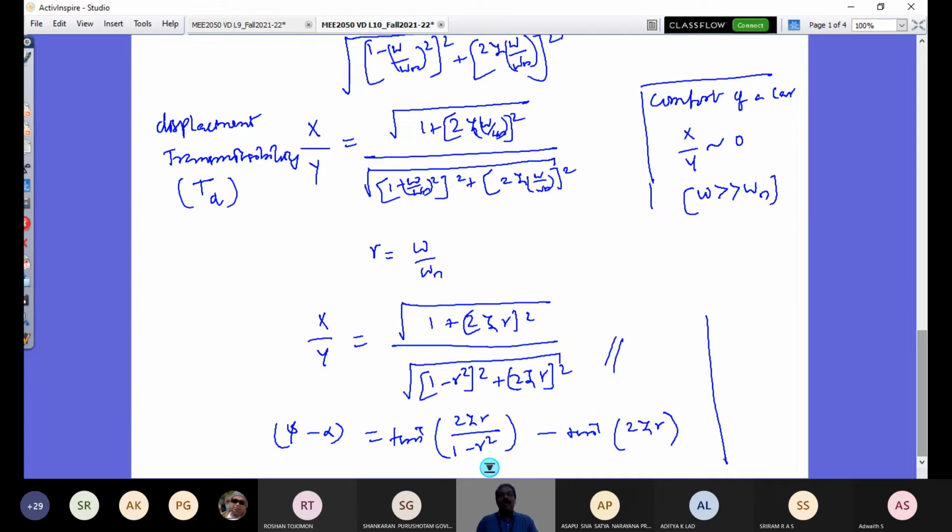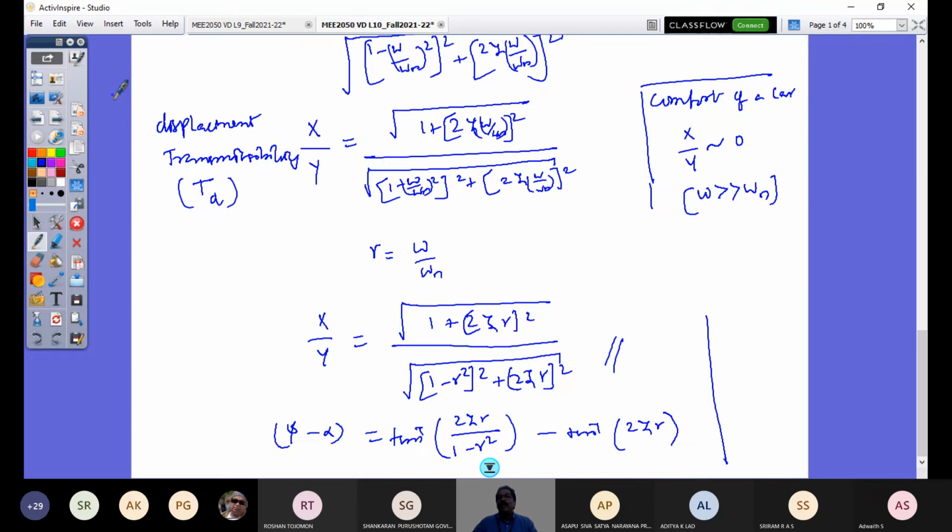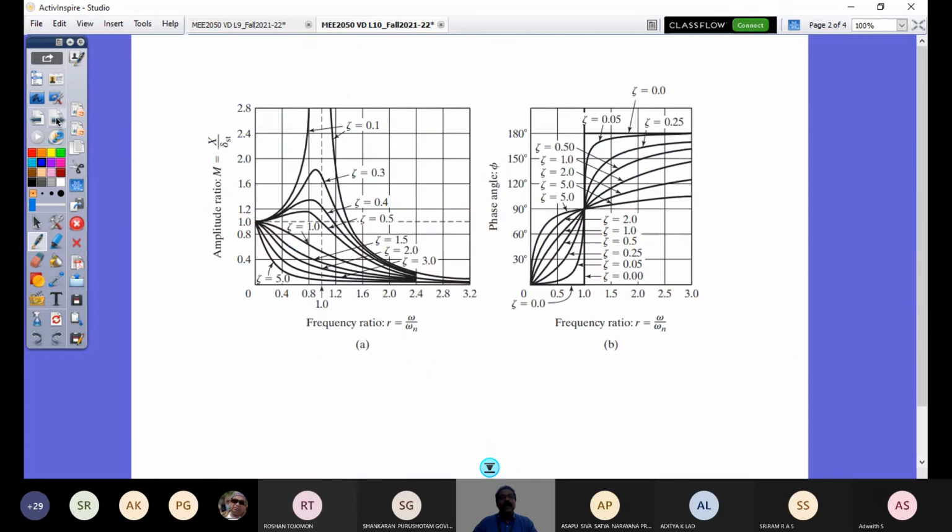The simplest vehicle vertical dynamic ride comfort model is the single degree of freedom model, which today you are looking at with this kind of equation, physical elements and response. Let's now understand how this displacement transmissibility and this phase angle vary as a function of frequency ratio, like in the last class we have studied. That's what I'm going to explain to you in a while.